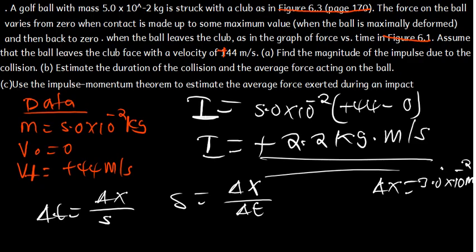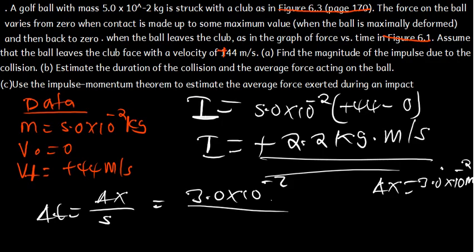But the question is saying estimate the duration of the collision and the average force. So for the average, the speed we have, we need to divide by 2. The speed we are going to use now is 22. So we have 3.0 times 10 raised to the power negative 2, everything divided by 22, because it's the average: the 44 we have divided by 2.